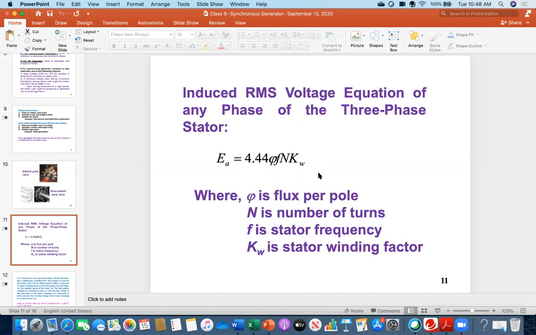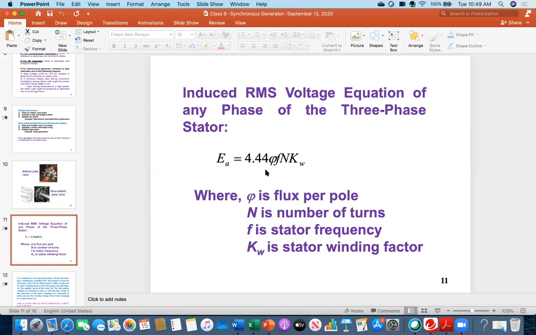I was showing exactly the same equation in the case of induction machine also. Here φ is the flux per pole, f is the stator frequency, N is the number of turns, and K_w is the stator winding factor. And this is the equation for any phase. Keep in mind, this is the RMS value.